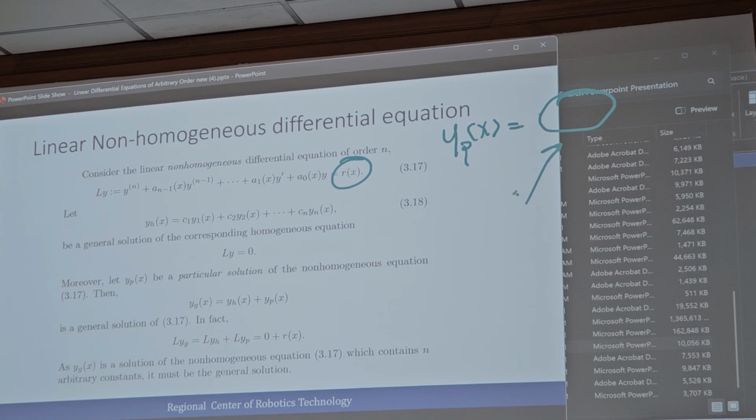Based on this R(x), how to assume Y_p, right? Next time. There are two methods to assume one particular solution. Okay, that's for the lecture.